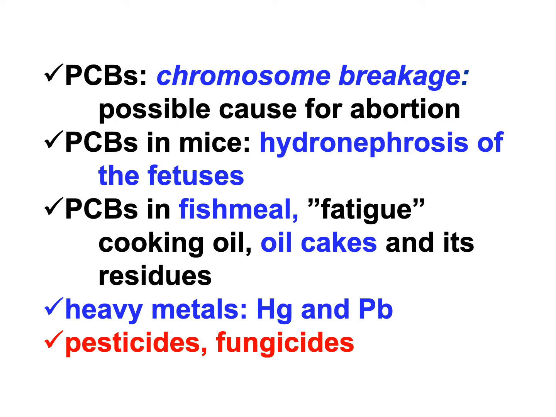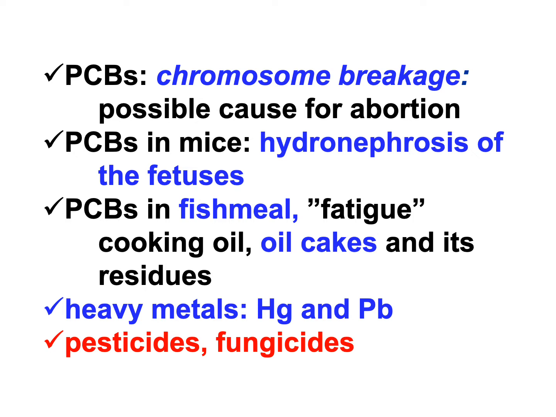But also the fatigued cooking oil, if you use it many times, similarly it will accumulate, besides the PCBs, the dioxins. The oil cakes and their residues, the solvent meals like the soybean and fish meal, etc., may also contain PCB traces.